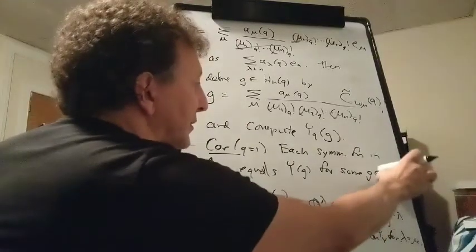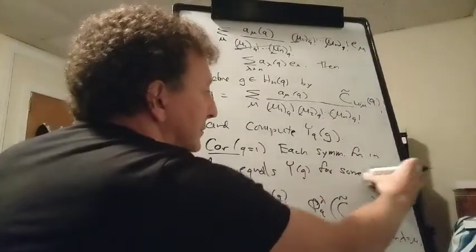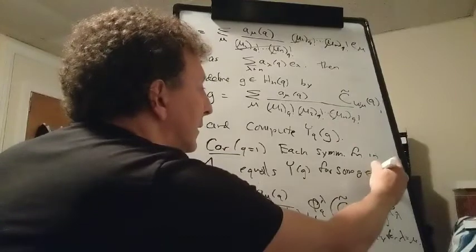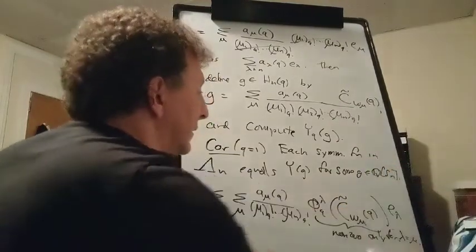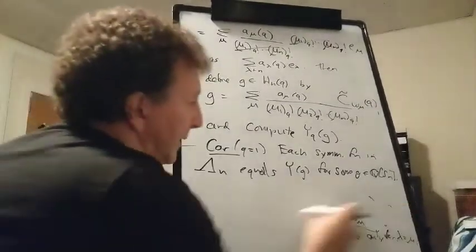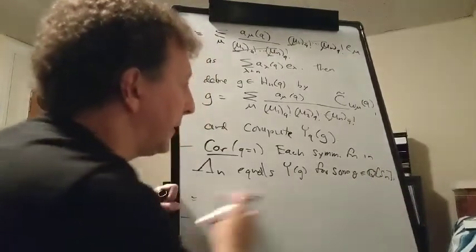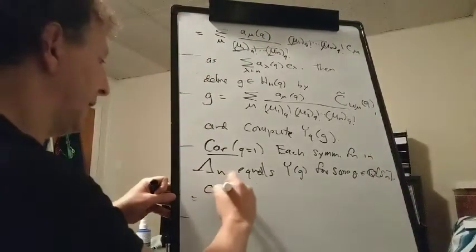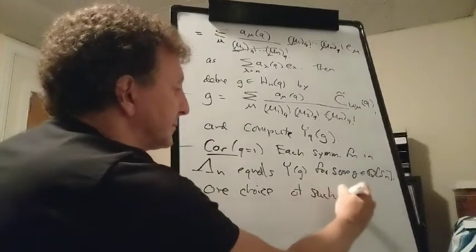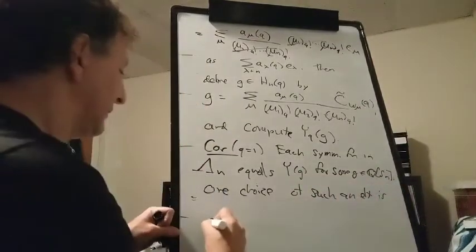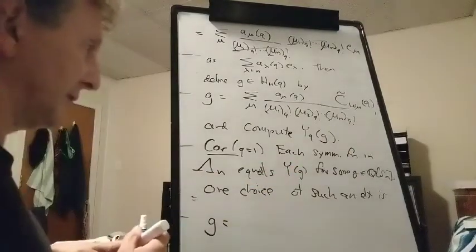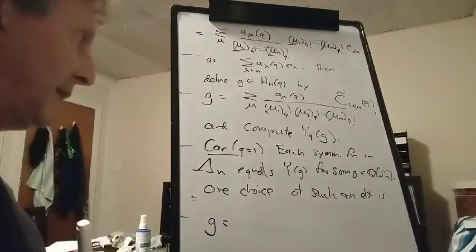Actually, we have to let the coefficients be rational. And one choice of such an element is G equal to, I guess we have to write the symmetric function in terms of the elementary basis first.